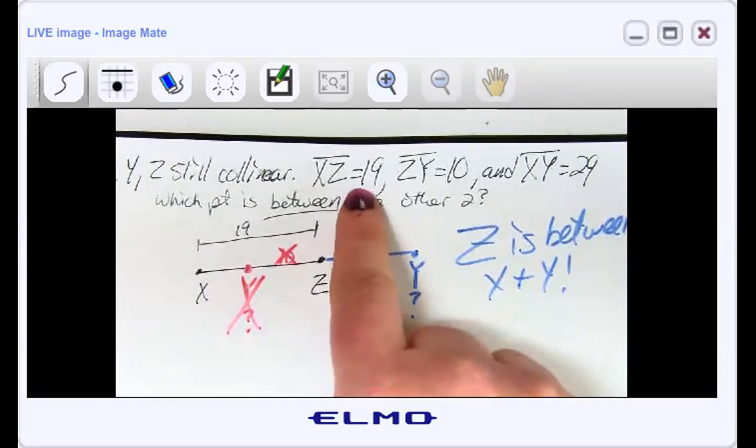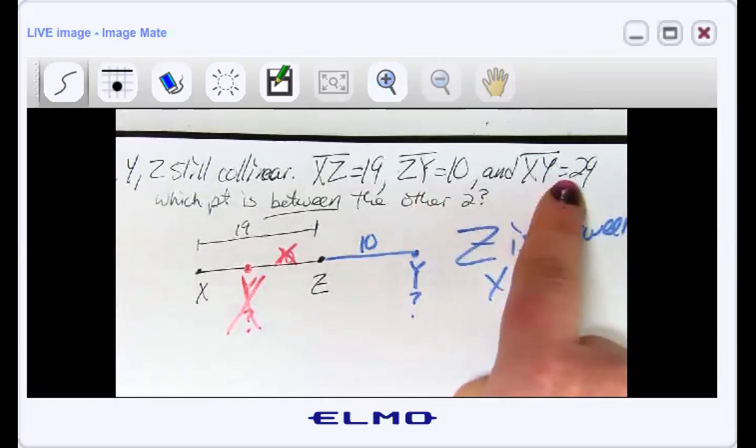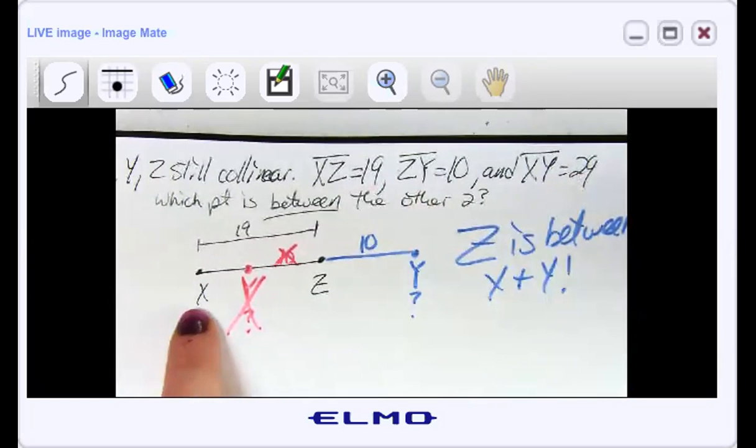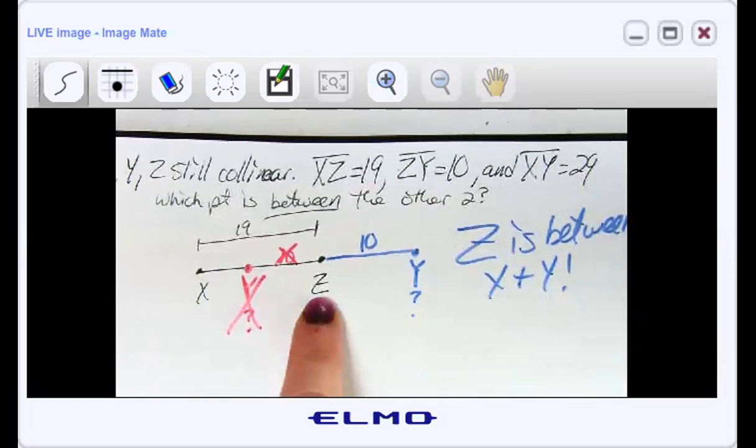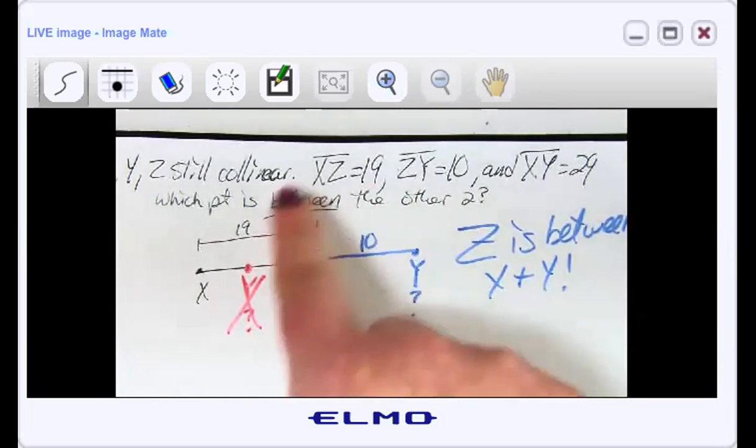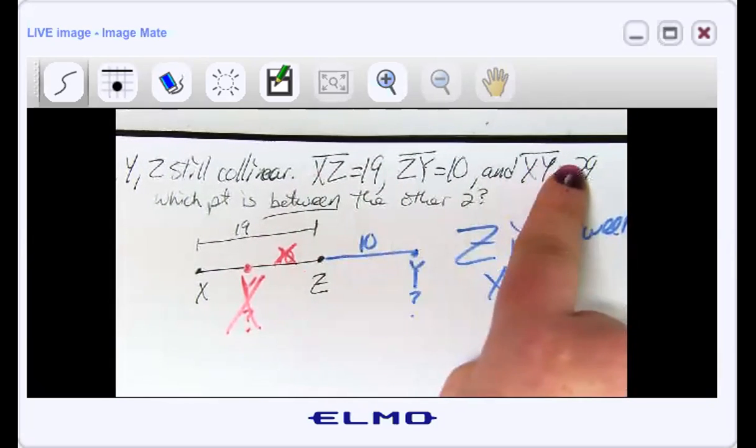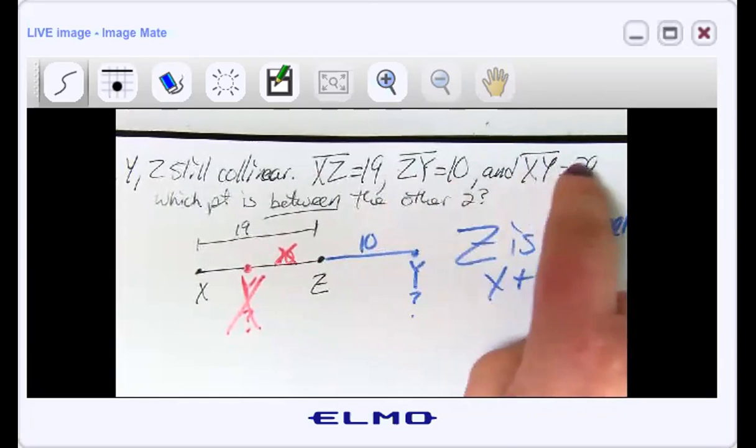Okay, so I have my 3: 19, 10, and 29. So 29 is the biggest of the 3. That means X and Y are the endpoints, so Z has to be in the middle. Yes, that totally works. Remember, I can give these to you in any order I want, so I don't want you to just always go to the third one.